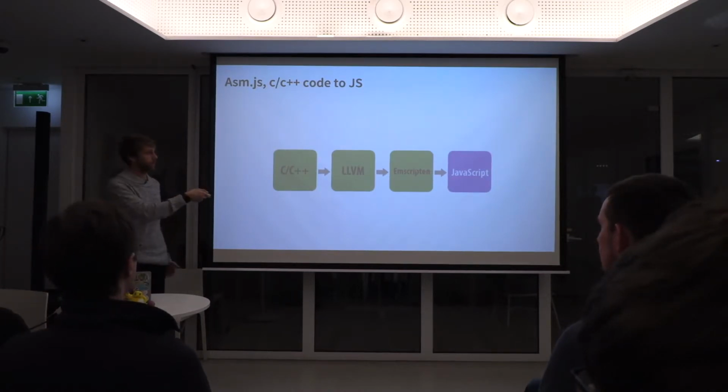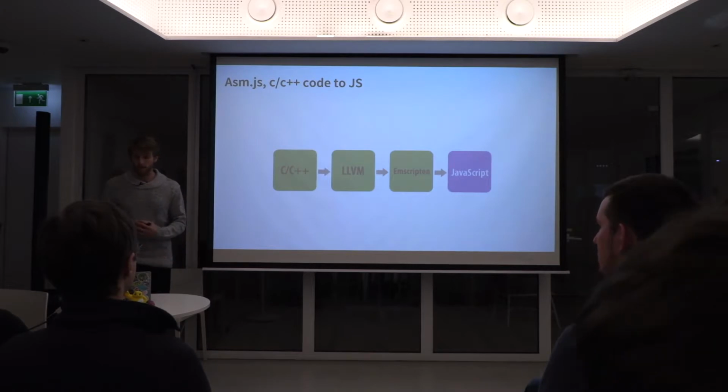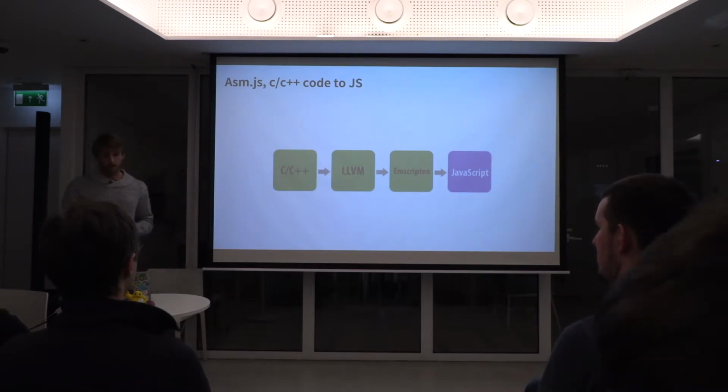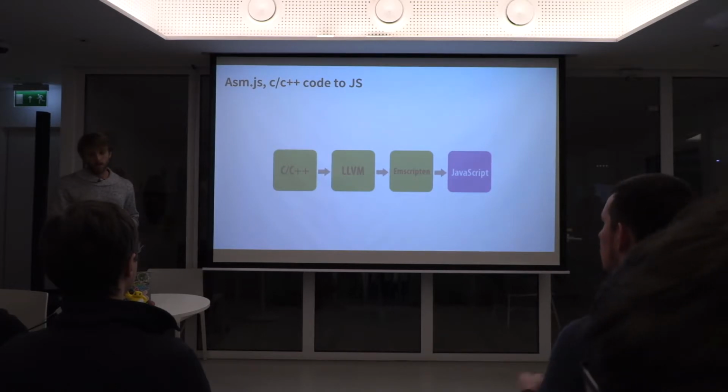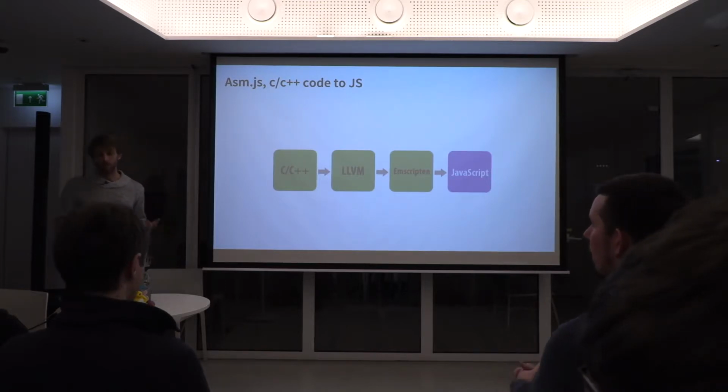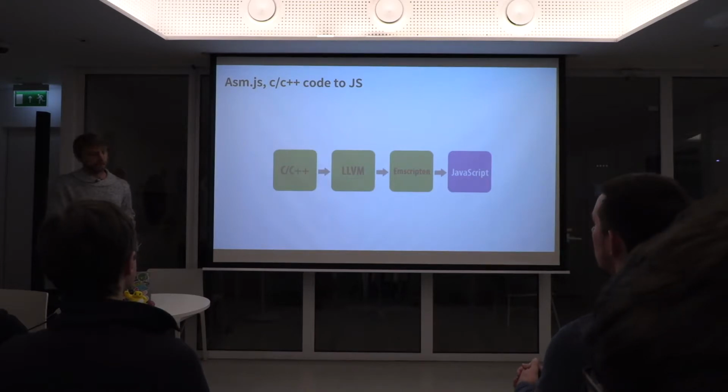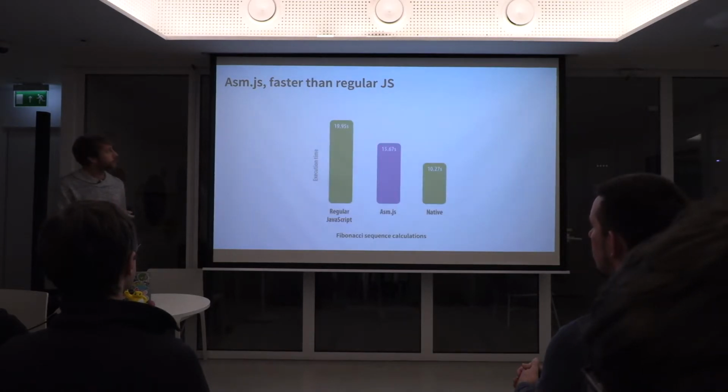So these are compilers, and Emscripten, it's a Mozilla project. Basically we just write C and C++ code, and the result will be in ASM.js. And these tools are free, easy to use, and highly maintained.